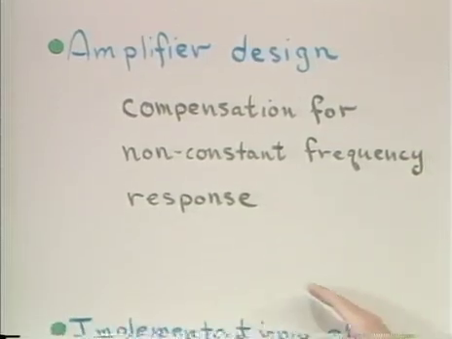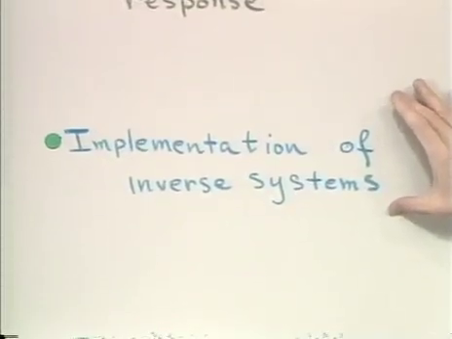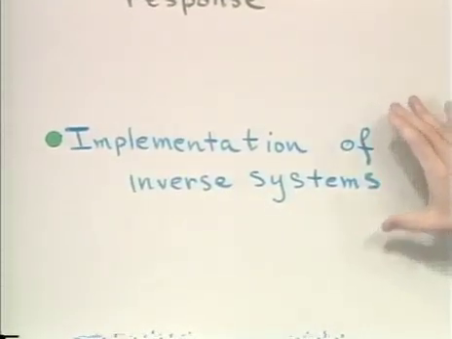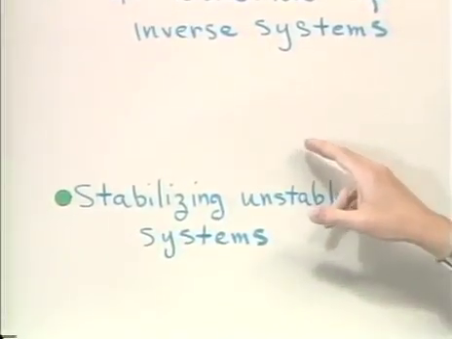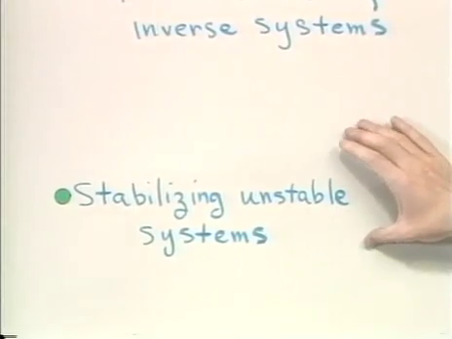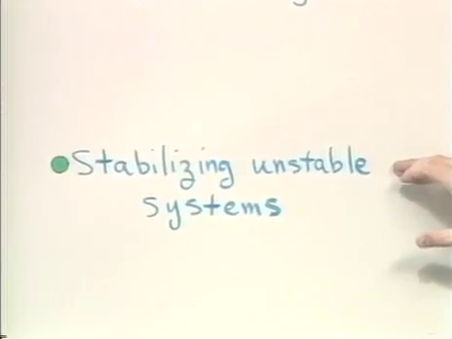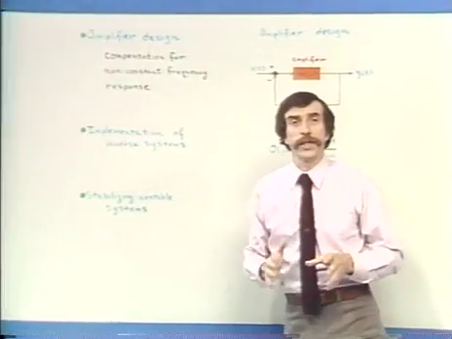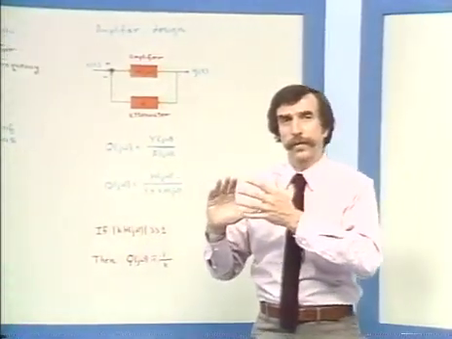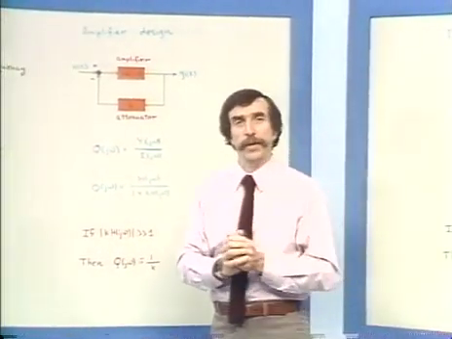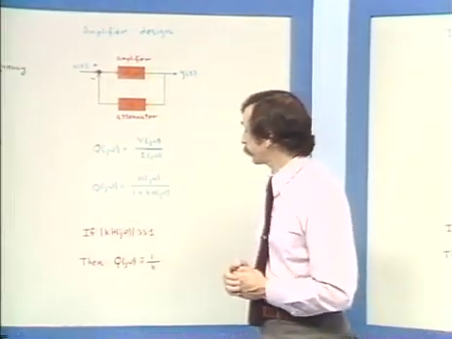A second that I'll indicate is the use of feedback for implementing inverse systems. And a third, which we indicated in the case of the inverted pendulum, is stabilizing unstable systems. And what we want to see is why or how the basic feedback equation lets us do each of these various things.